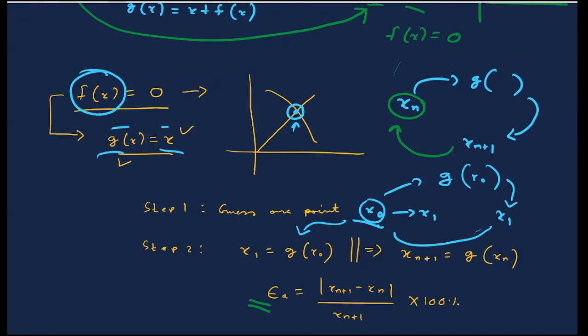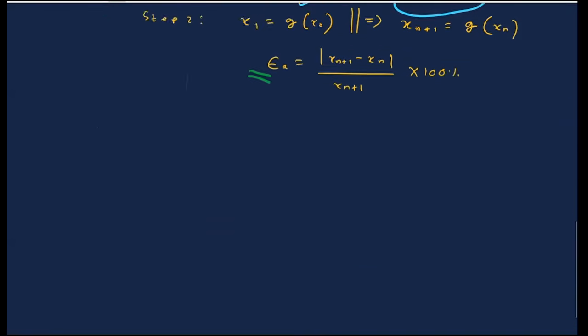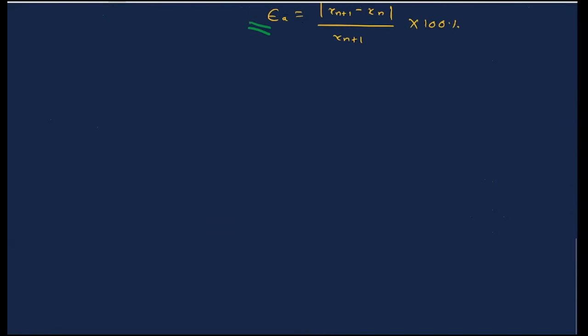Let us now look at one mathematical example that will make the proceedings clearer to us. Let's say we have a function f of x that is cos x minus x. If we are asked to solve this, then we have to think f of x is equal to 0.